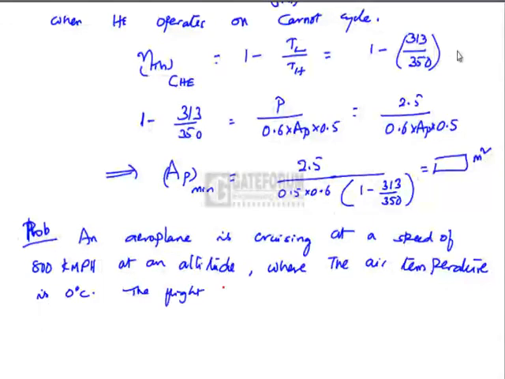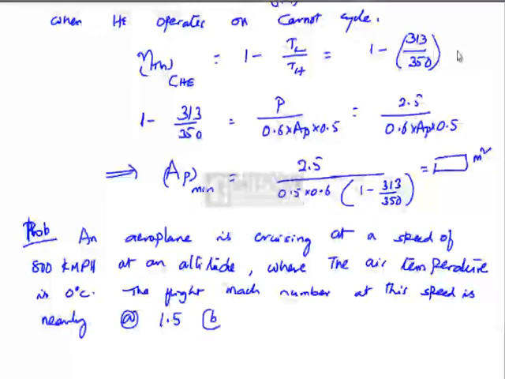The flight Mach number at this speed is nearly: A, 1.5; B, 0.254; C, 0.67; D, 2.04.